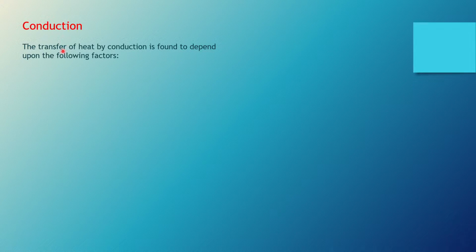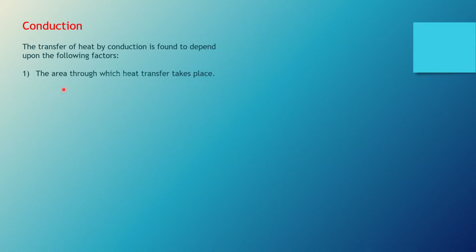So the first part here is conduction. The transfer of heat by conduction is found to depend upon the following factors. It is a function of all these factors that I've listed down here.